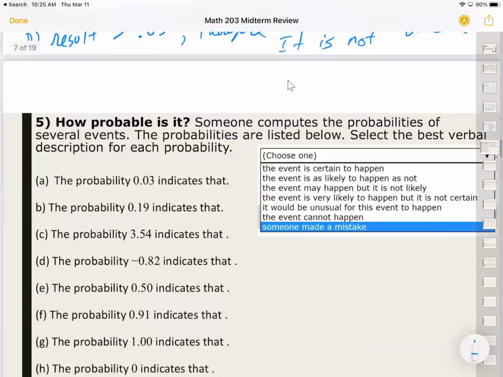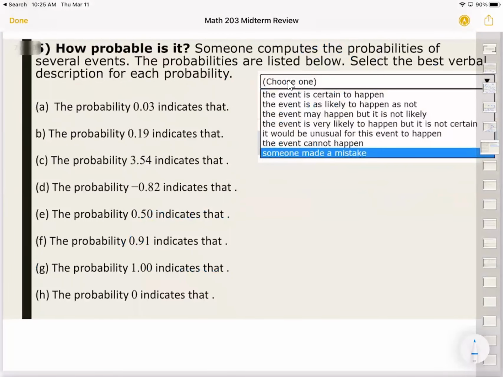This one item here basically asks you to see the scale of your probability.